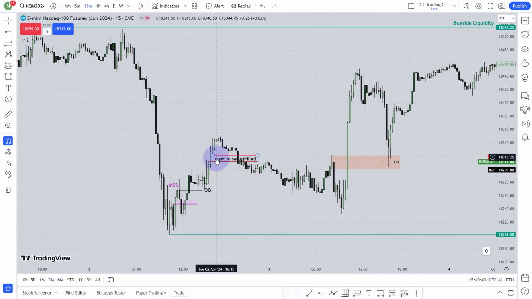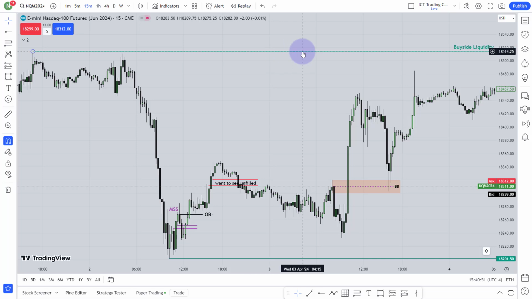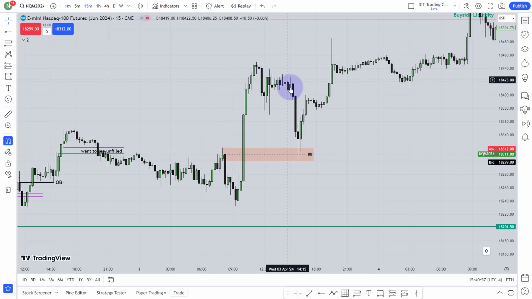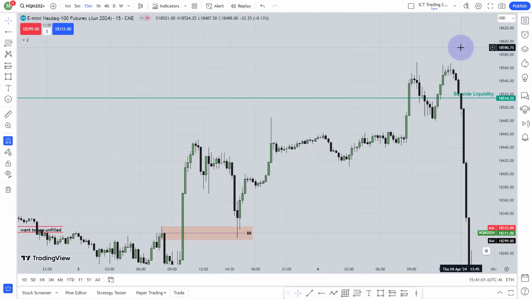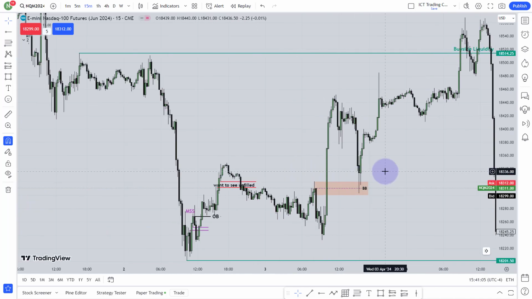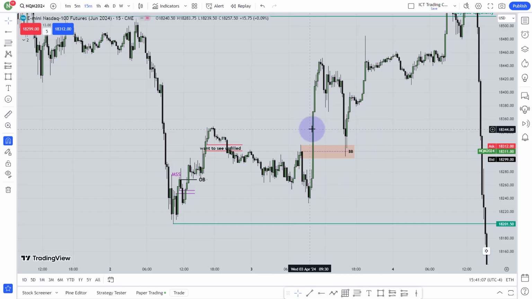Second, it has to close the unfilled area by body perfectly. Third, when it closes above the breaker block, it can't take the buy side liquidity. If the buy side liquidity is taken, this breaker block is not valid. So you can see price came back again later to that breaker block, and then it went higher and took the buy side liquidity. So this is an example, or the explanation, of the breaker block in short.